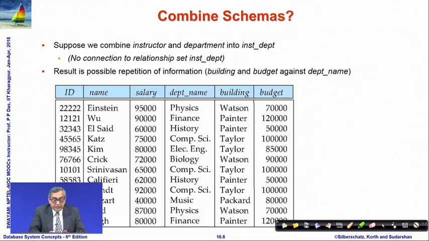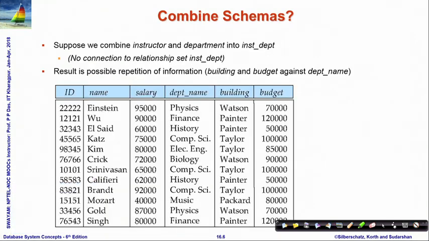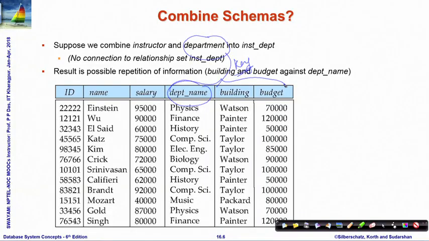If we look at the inst dept, we know from the earlier information about the department relation that department name is a primary key of the relation which has department name, building and budget. What is the consequence of being a primary key? If it is a primary key, then no two records can match on the department name and be different in terms of the building and the budget. If two records have the same department name, they must be identical.